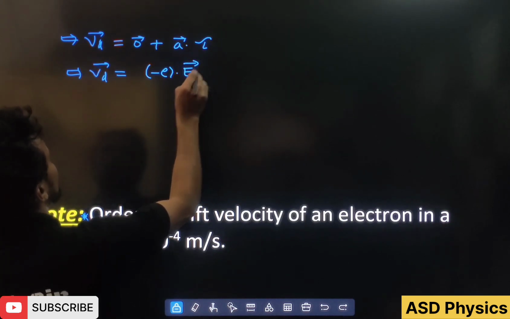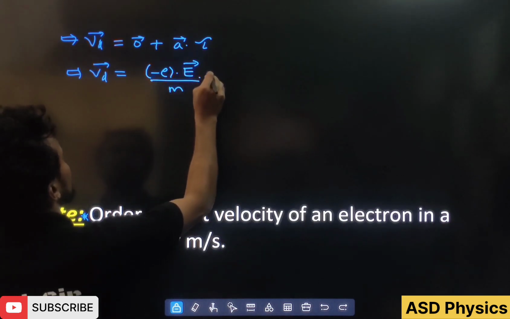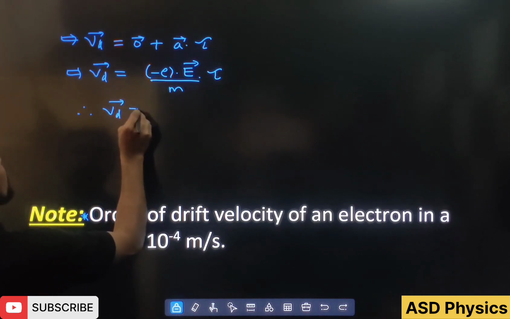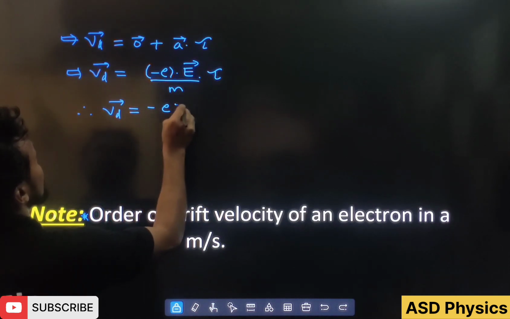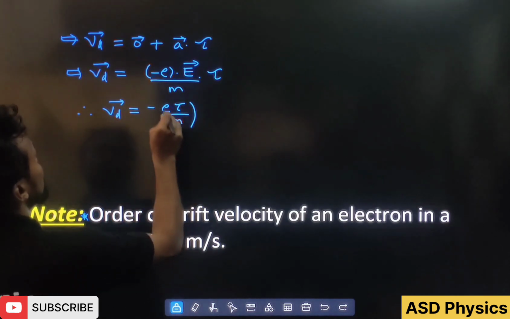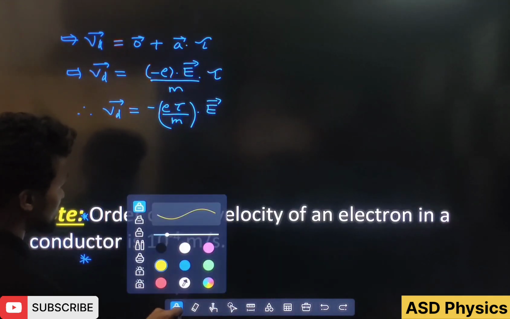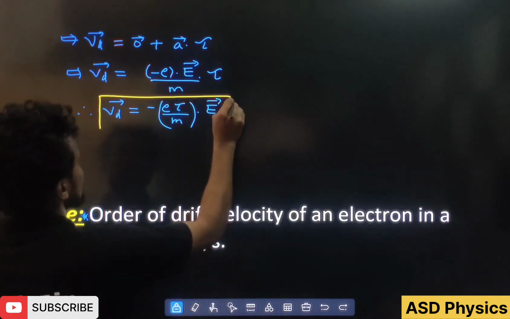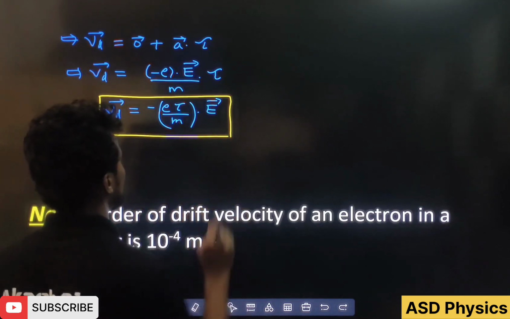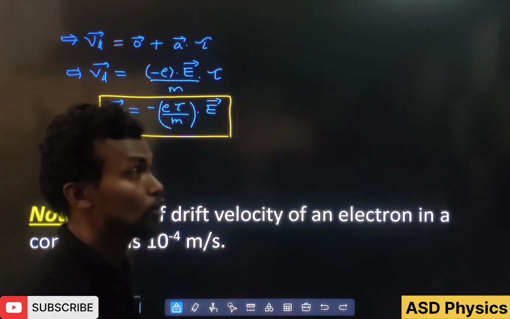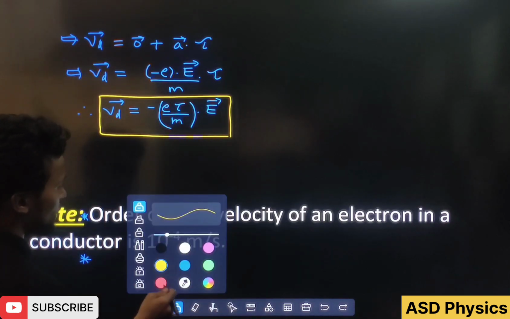Minus e vector E by m into tau. So if I simplify this, drift velocity comes to minus e tau by m into vector E. Okay, what is this, students? This is the drift velocity of the electron that we have got by calculating the average velocity of the electron when it is connected to the battery.